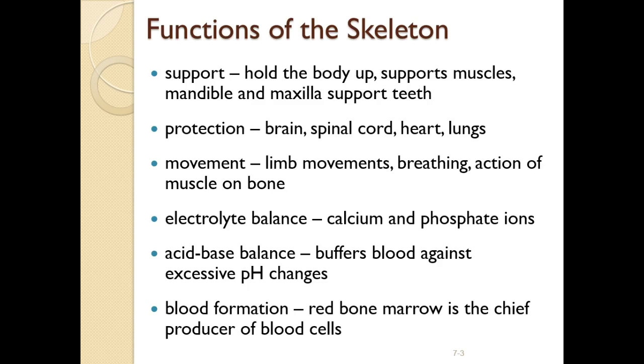That means whatever a muscle is connected to, when it contracts, it's going to pull on it. Skeletal muscles are called skeletal muscles because they're connected mostly to what? To our skeleton, to the bones. So those contractions cause the movement of our bones and therefore our limbs. Also breathing involves the action of muscle on bone.